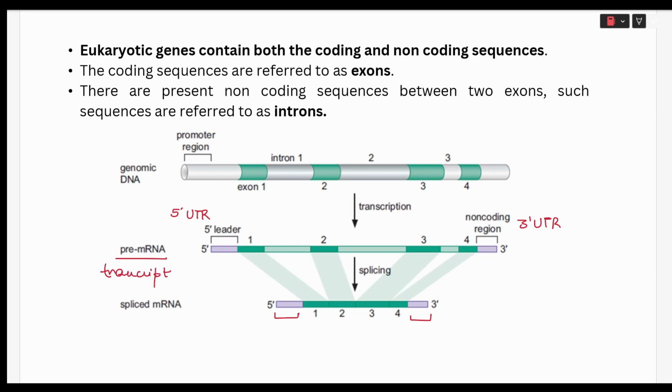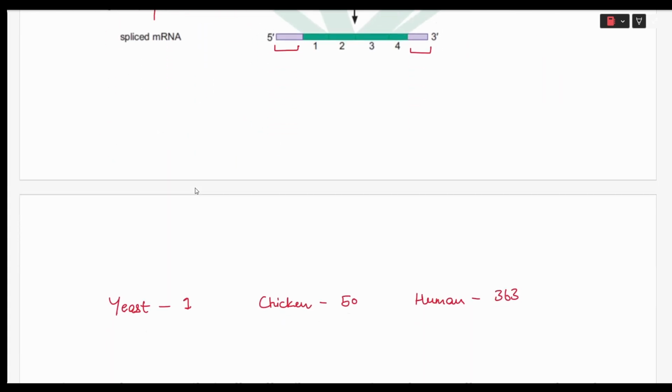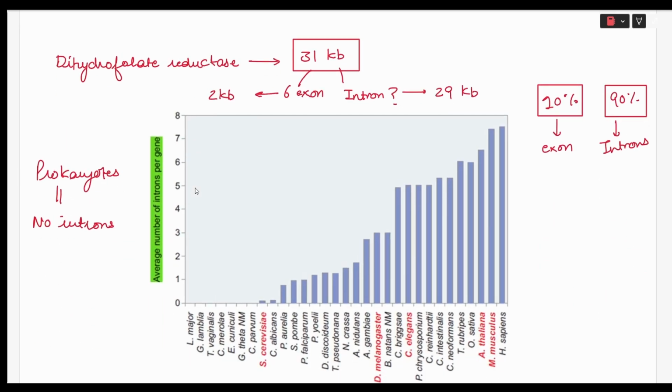From the same transcript, you can get different proteins, right? There is a process, we call this exon shuffling, exon skipping. There are a number of different types of processes that can allow that. We will be discussing that later in this video.